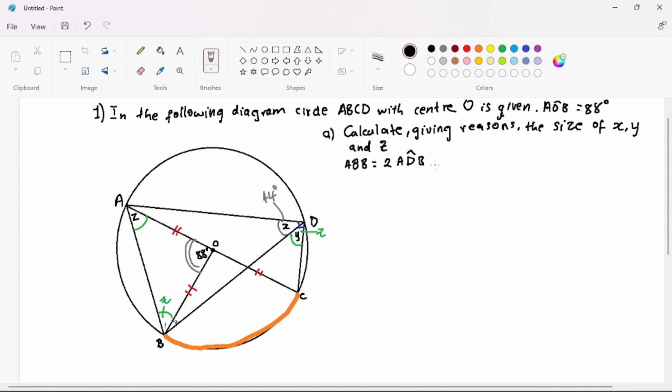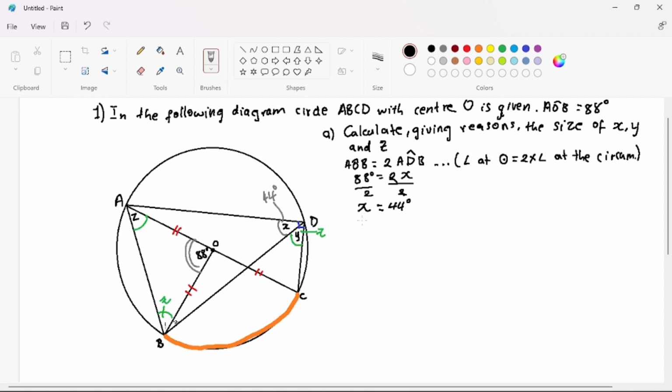Our reasoning is going to be angle at the center is 2 times angle at the circumference. So after that, guys, we are going to substitute. So our AOB is 88 degrees. Our ADB is going to be X, right? So since we are solving for X, we are going to divide both sides by 2. So 88 divided by 2 is going to be 44 degrees. So that's how we get X, right?